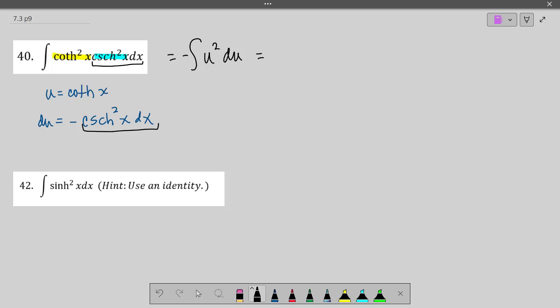So then we're going to end up with negative 1/3 times u cubed plus c. And then we back substitute and get our cotangent replaced with the u. So cotangent cubed of x plus c. So why don't you set u to cotangent squared and just cotangent instead? Did you say cotangent squared?